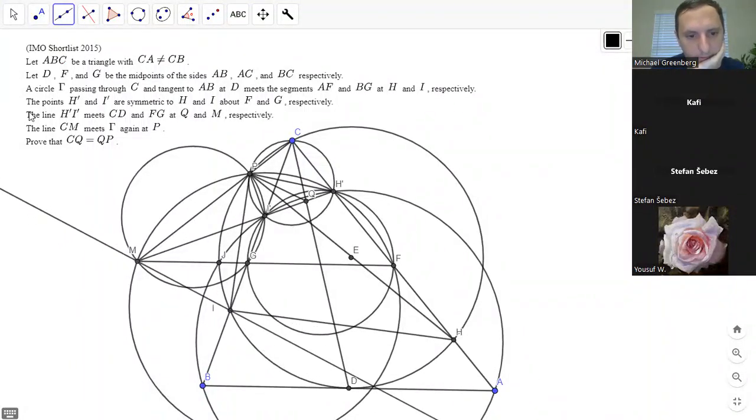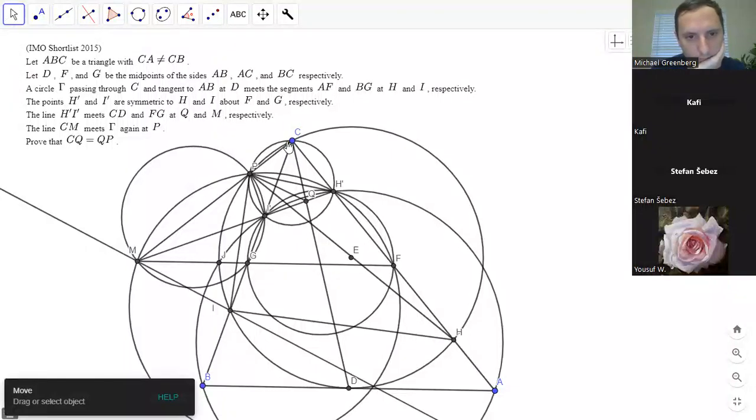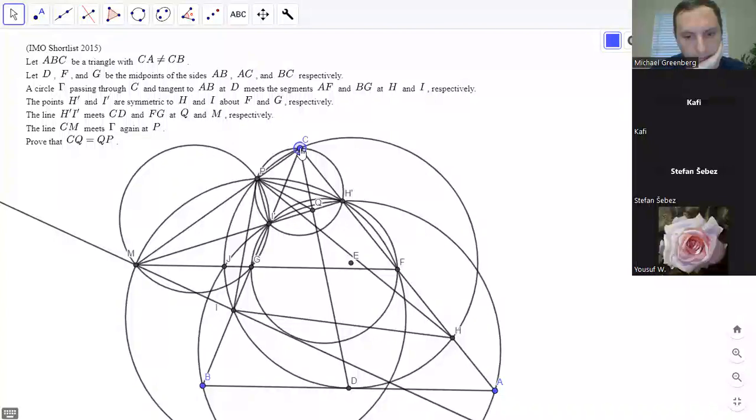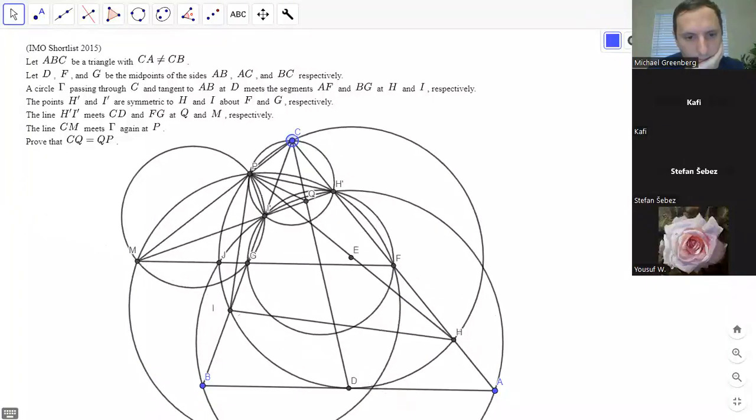I wonder if MI. There's probably some radical axis thing that shows that these concur. So, as Stefan said, we can prove all the quadrilaterals that we had are cyclic by power of a point.